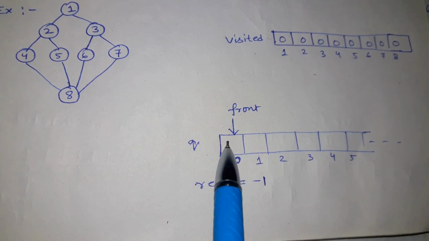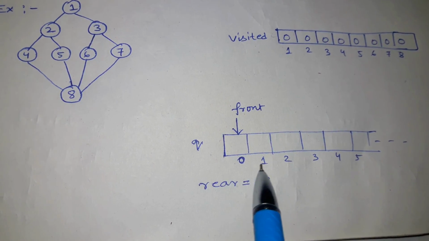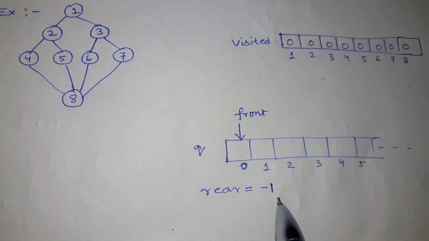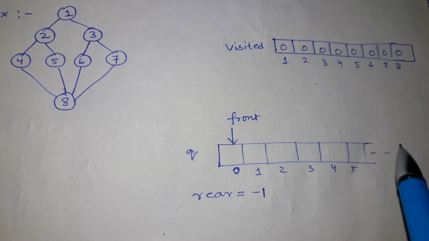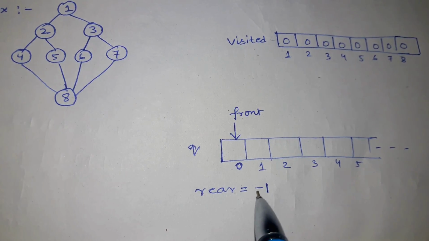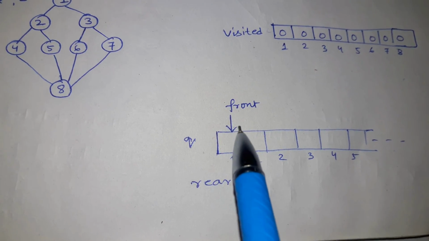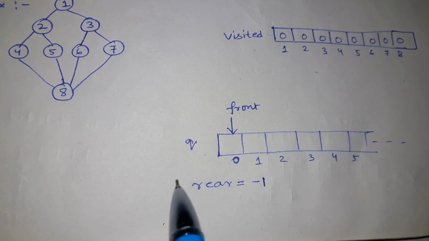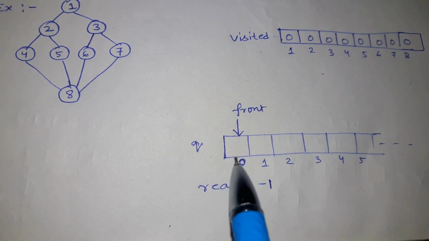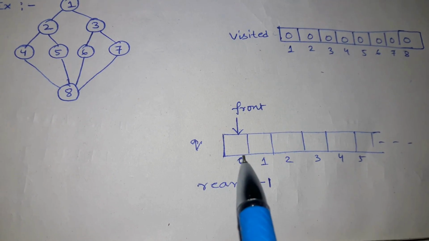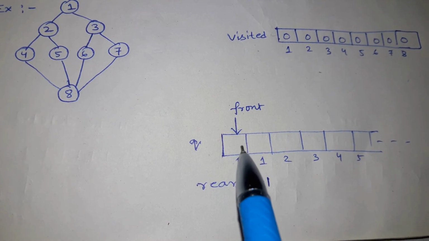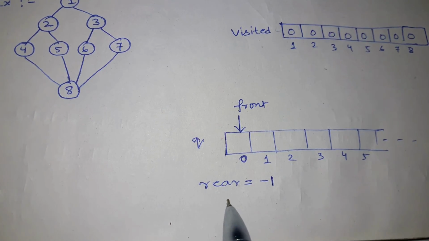Queue means, as I told you at the beginning of my video, that you have to be aware of the insertion and deletion operations of the queue. But I am telling a little bit about the queue. A linear queue is needed for this algorithm. A linear queue is always bounded by the front and rear parts. The insertion operation is always done from the rear part and the deletion operation is done from the front part.